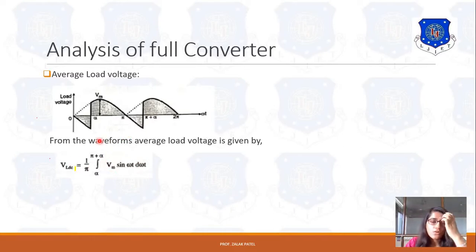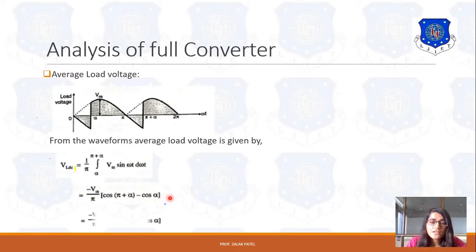If we integrate the whole term, Vm is constant, so it is out of the integration. So Vm upon pi is constant, and we have to integrate sin omega t. Integration of sin is minus cos, so we get minus cos of pi plus alpha, the upper limit, and minus cos alpha. Taking the minus as common, it is minus Vm upon pi times cos of pi plus alpha minus cos alpha.